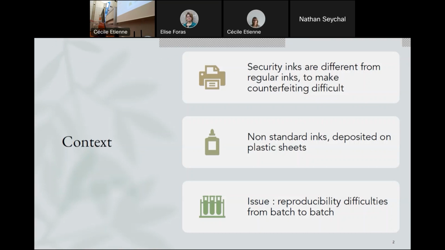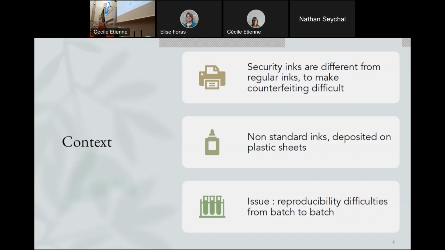Those non-standard inks possess different properties, which depend on various factors, such as the thickness of the deposit, the pigment concentration, or the particle distribution, which makes it quite difficult to reproduce even from batch to batch without a suited method.